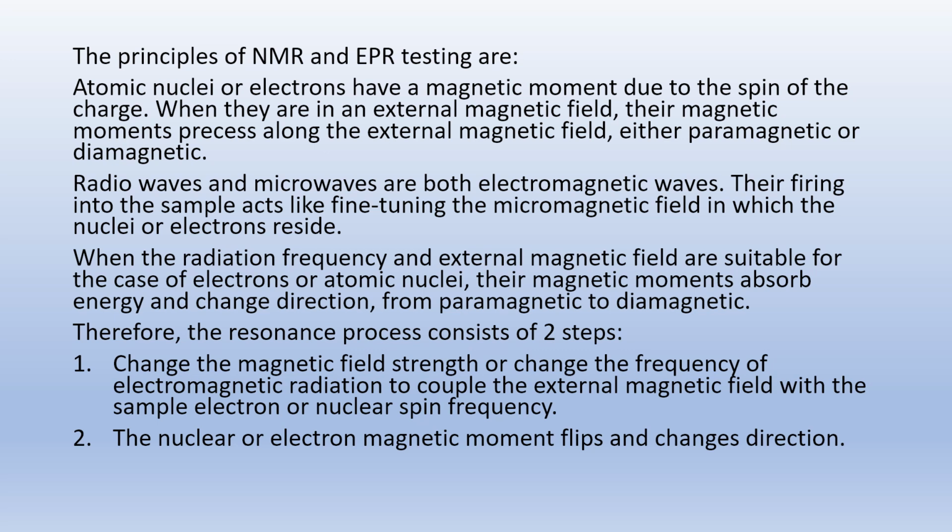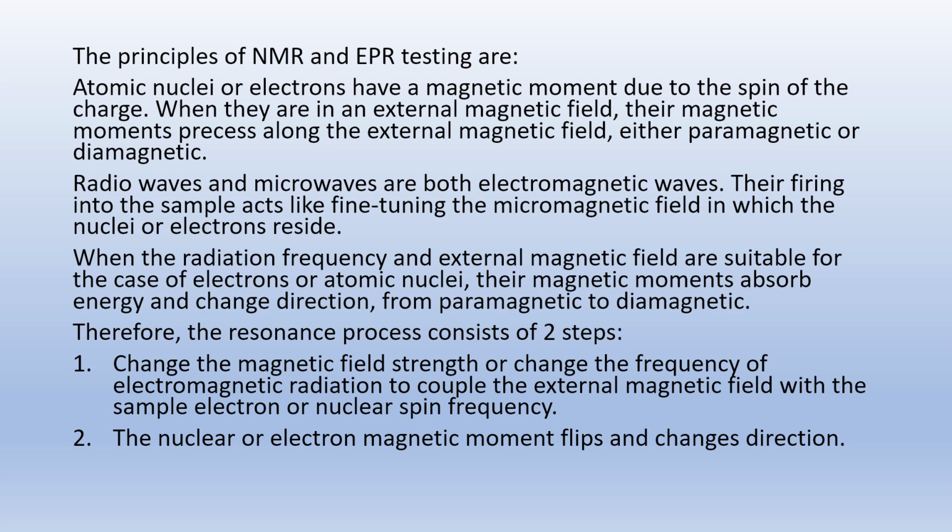The principles of NMR and EPR testing are: atomic nuclei or electrons have a magnetic moment due to the spin of the charge. When they are in an external magnetic field, their magnetic moments precess along the external magnetic field, either paramagnetic or diamagnetic. Radio waves and microwaves are both electromagnetic waves.